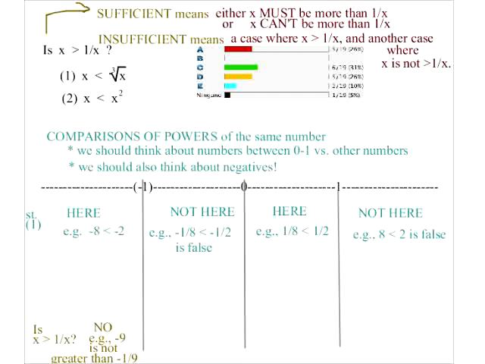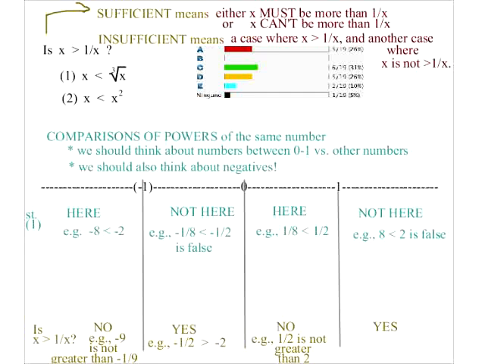Is x greater than 1 over x here? Yes. For example, -1/2 really is greater than -2. Here it's not. For example, 1/2 is not greater than 2. Here it's yes.